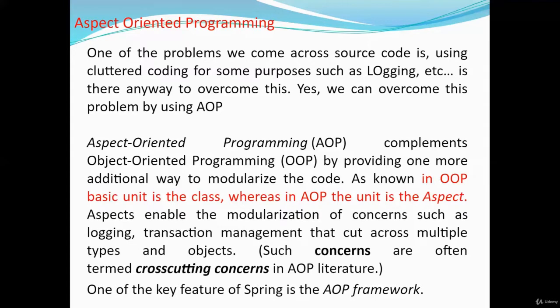So is there any way to make it better, to avoid the logging statements and improve the modularity of the code? Yes, it is possible, by making use of AOP, aspect-oriented programming.